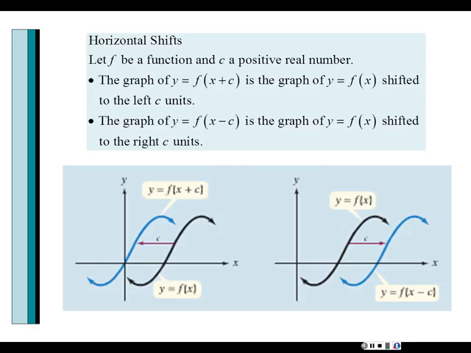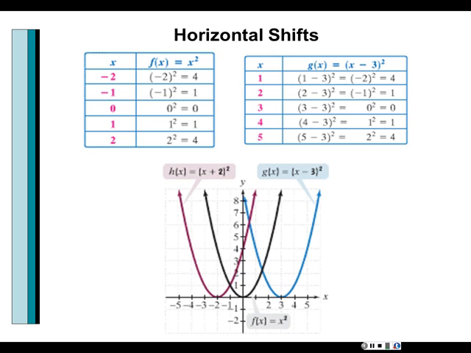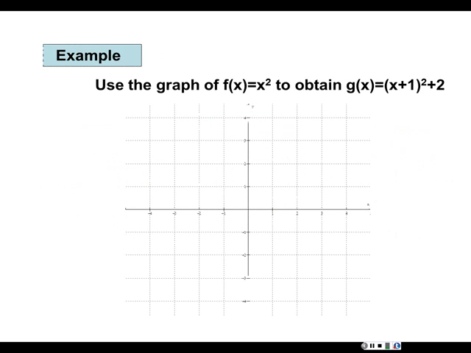You are adding c not with the whole function, just with the x. Now, when you come to this point, the 1 is added to the x. So that is the horizontal shift. And 2 is added to the whole function. That is your vertical shift.